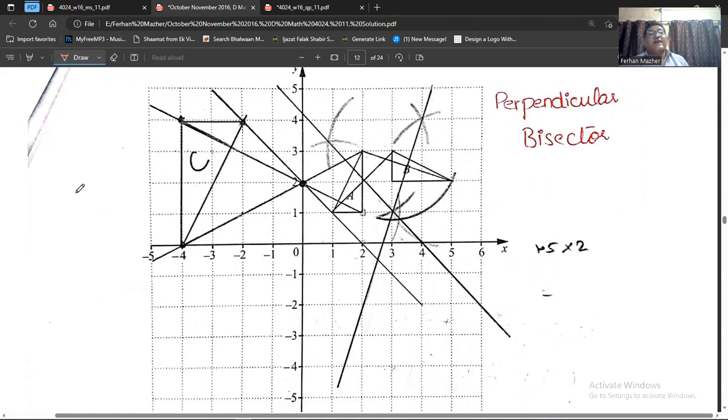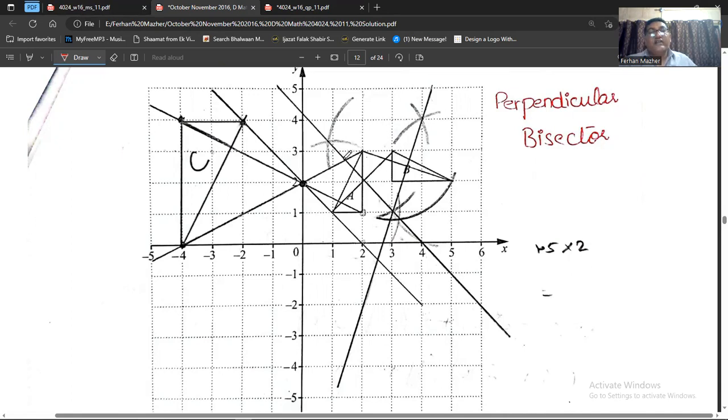For example, here you can see we have joined this point and this point. Then I open my compass more than half of this, and mark an arc here and an arc here. Then I put the compass here and mark an arc here and an arc here. So I have joined these points, and that is the perpendicular bisector of these two points.